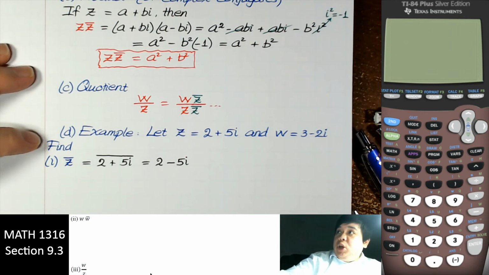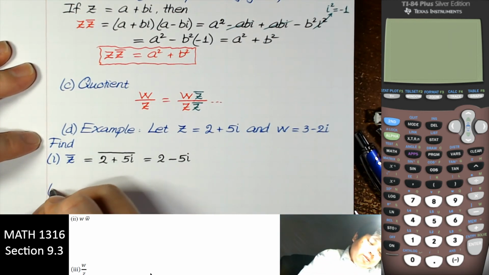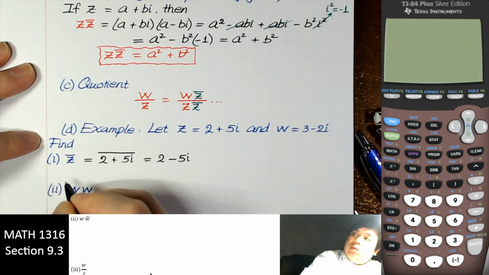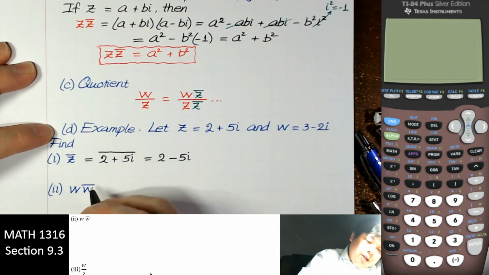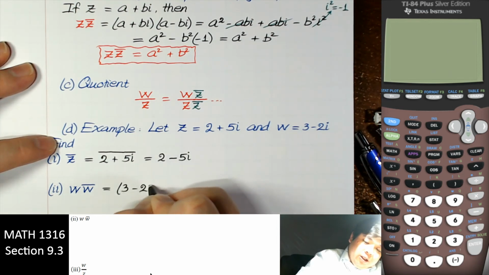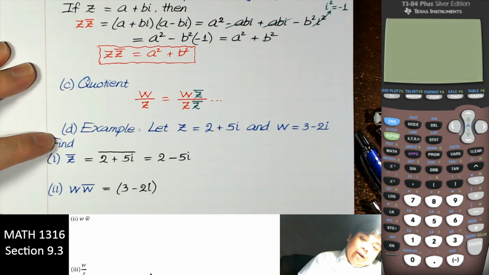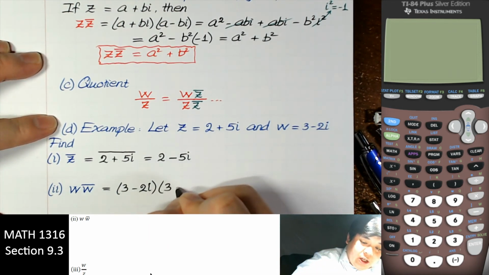Next, W times the conjugate of W. Second example. W is 3 minus 2i, and the conjugate of W is 3 plus 2i.